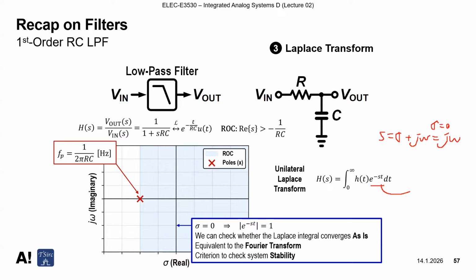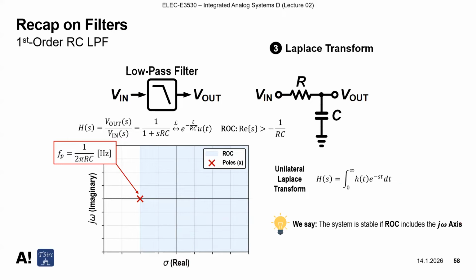Then this part becomes e to the power of j omega t, which you have probably seen in your signals and systems course as the Fourier transform. And this is a criterion to check system stability. Now we say the system is stable if the region of convergence includes this j omega axis.